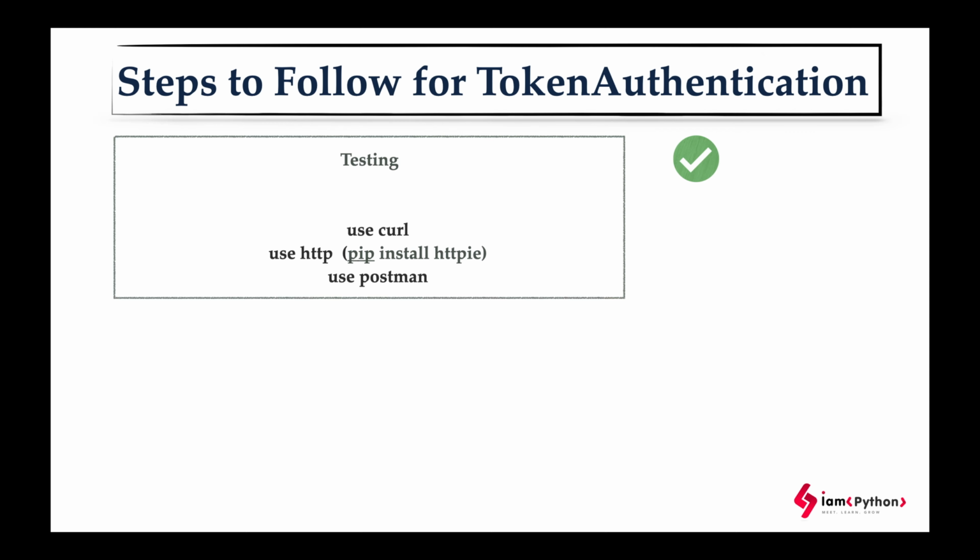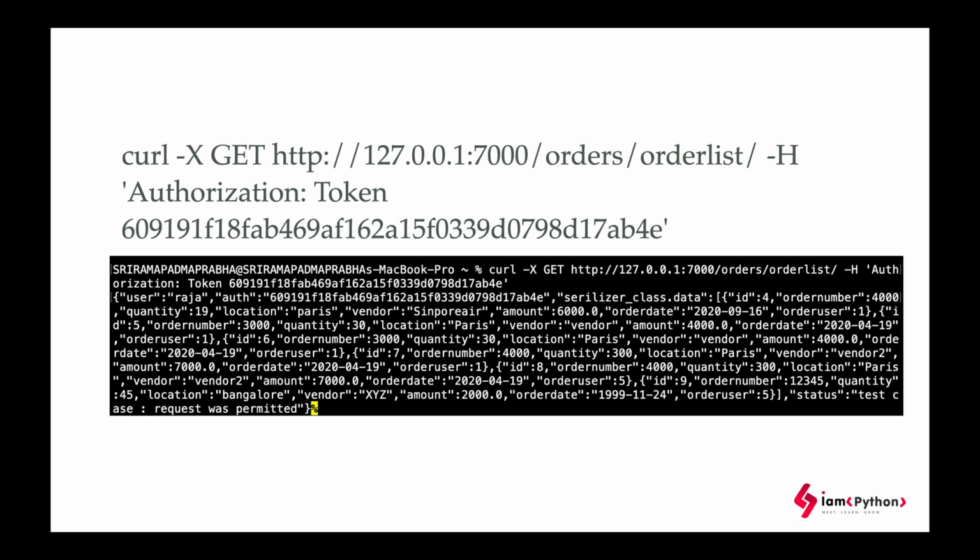So this is an important step once you've done the token authentication. Now you can see there is something here called testing using curl command. This is the command we need to use, curl -X GET. GET is a method, GET, POST, like that. Then enter the HTTP URL, then the authorization token, whichever token you use, and you will get the details like this, which you are seeing on my screen.